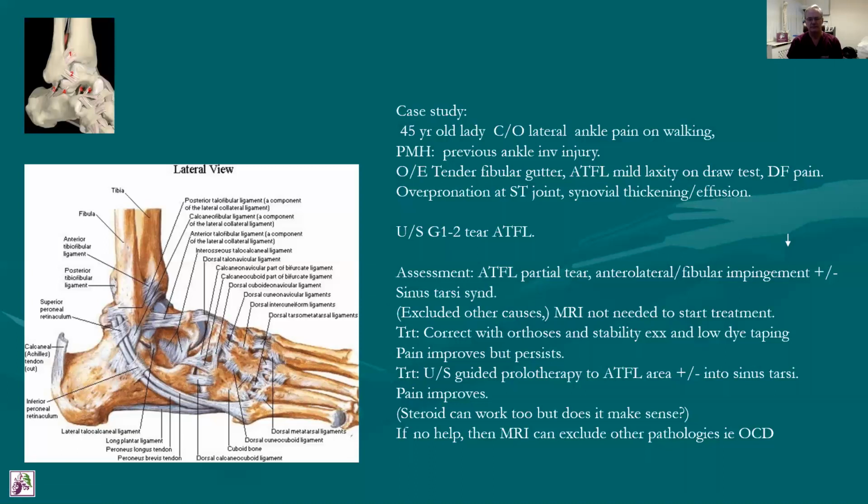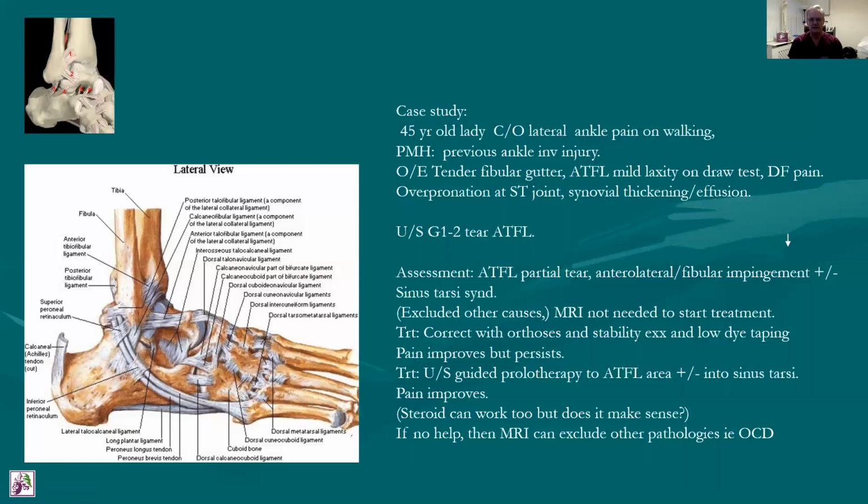So one way of preventing the impingement is to correct the subtalar overpronation with orthotics, which will also be helped by giving the patient stabilizing exercises, proprioceptive stabilizing exercises, and low dye taping. So in this case, the patient's pain has improved, but it still persists, and she's come back to you saying it's still hurting.